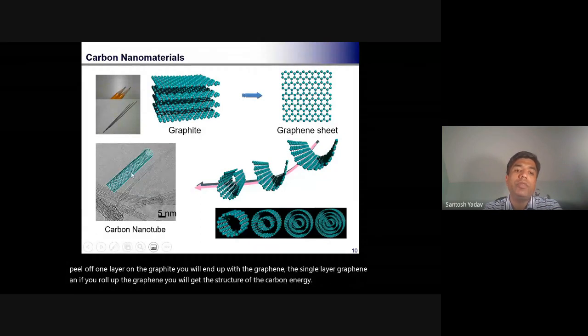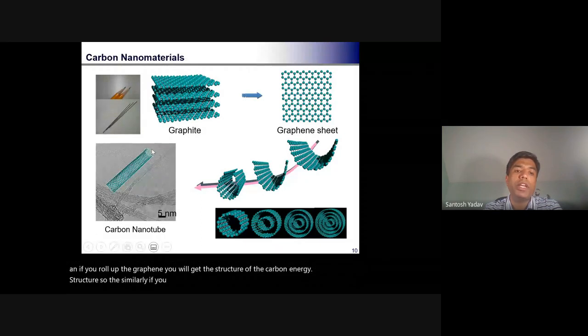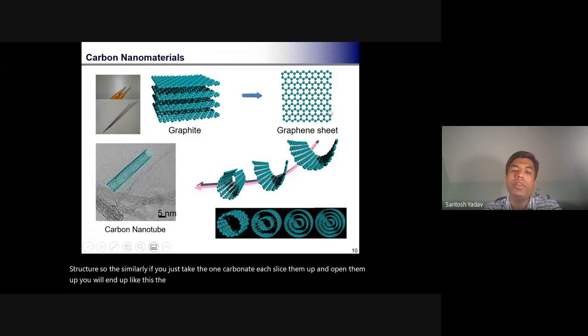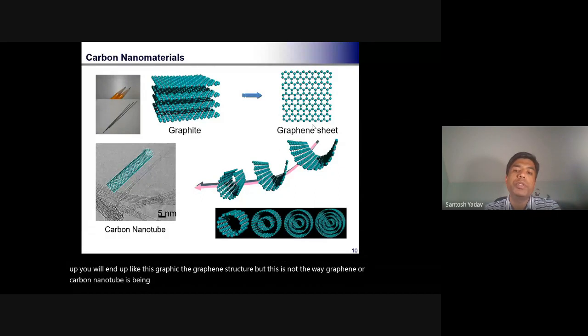Similarly, if you take one carbon nanotube, slice it and open it up, you will end up with the graphene structure. But this is not the way graphene or carbon nanotubes are produced. This is just a structural correlation between these nanomaterials.